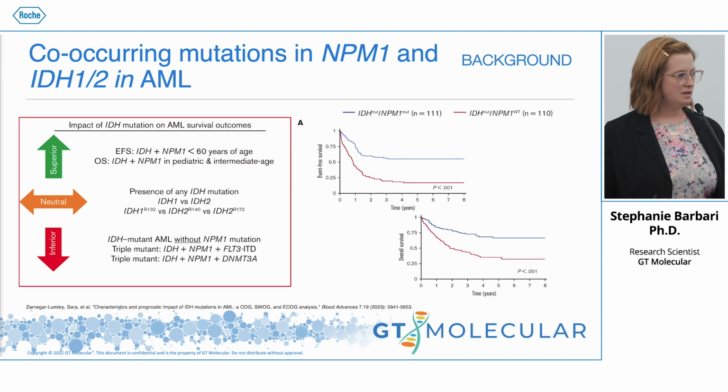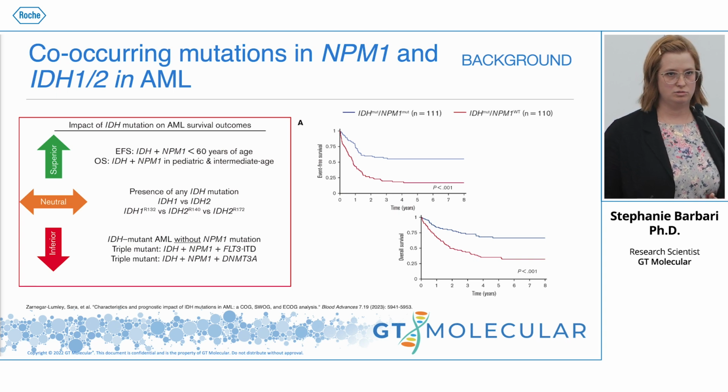And in the same study, they showed that the co-occurrence of IDH and NPM1 in younger patients showed superior survival compared to patients with just one IDH mutation or IDH alone, or triple mutants. So IDH with NPM1 with either FLT3 ITD or DNMT3A also had worse survival.